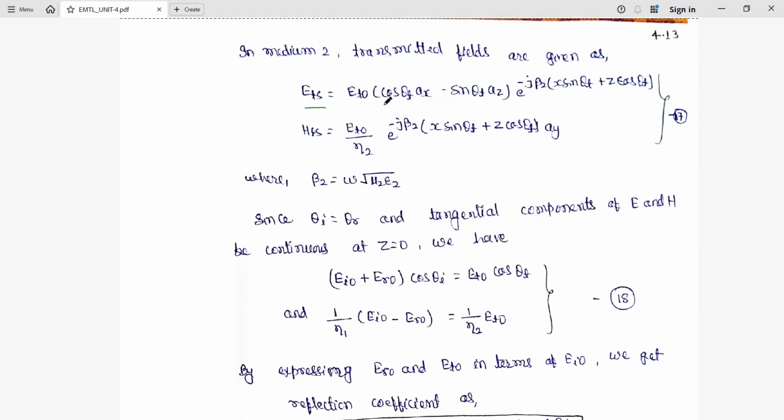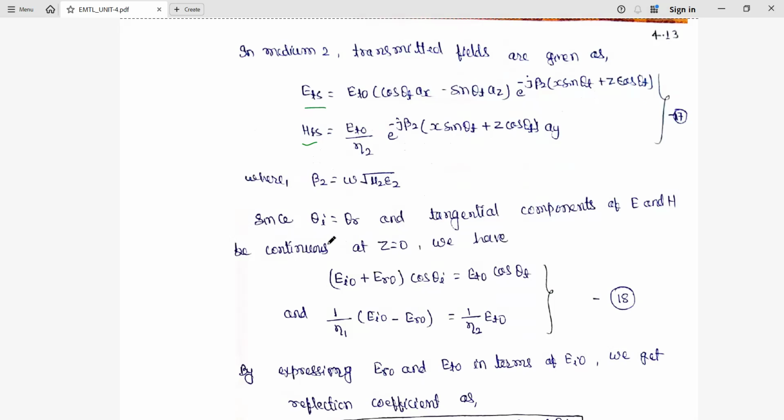The equation is the same as the incident wave, only beta_2 came in, and in place of theta_I, we have theta_T. The magnetic field remains in the same orientation along the y-axis: E_T0 by eta_2 for medium 2, e to the power minus j beta_2 (x sin theta_T plus z cos theta_T) a_y. And this phase constant beta_2 is omega root mu_2 epsilon_2.